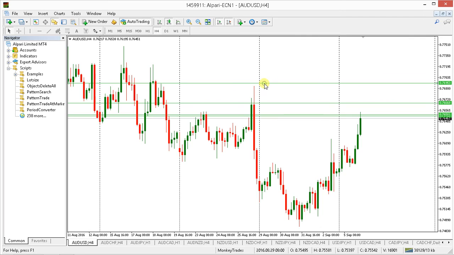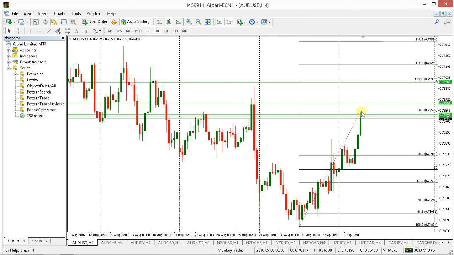So it should be double spread plus X. Yes, and my target is the 382 retracement of A to D, to the completion, to whatever line you enter.